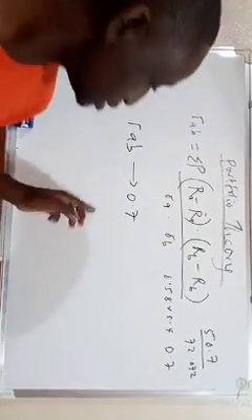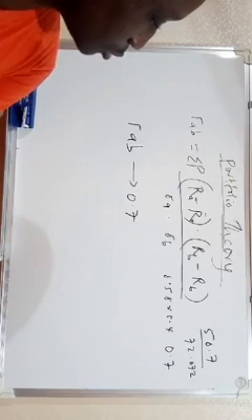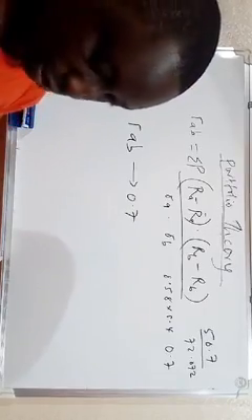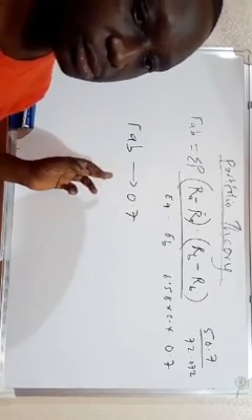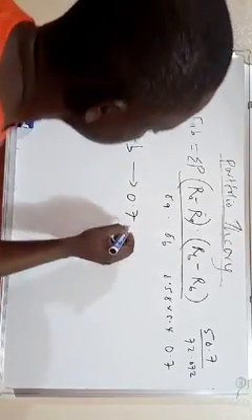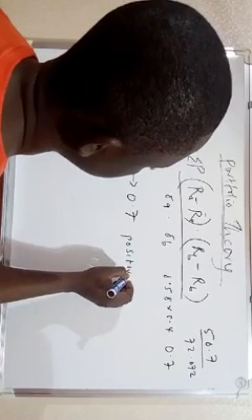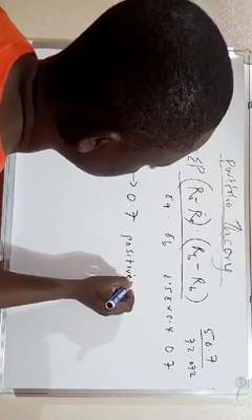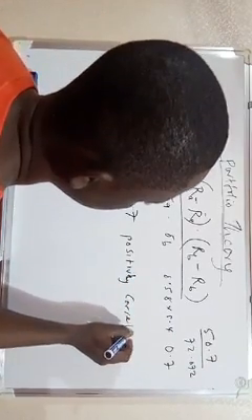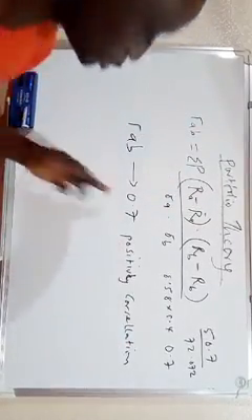So is this positive correlation, negative correlation, or what? Or no, it's neutral. If it is neutral, it will be 0. If it is negative correlation, it will be minus something. This is positive correlation, 0.7.